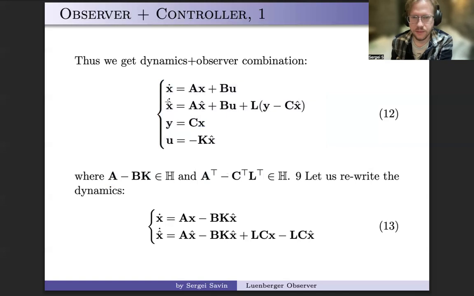Now, this system, after substituting, instead of y, we substitute Cx, right? It is here. Instead of u, we substitute minus K x hat. And we get this equation 13, which is an LTI, autonomous system.